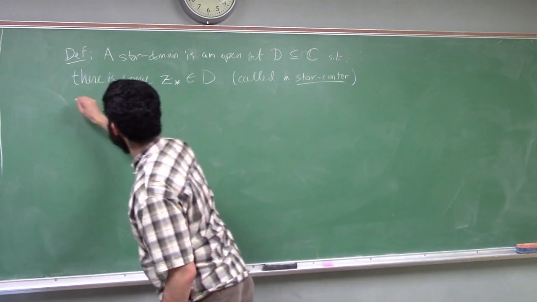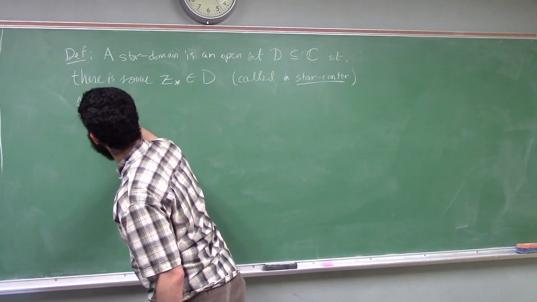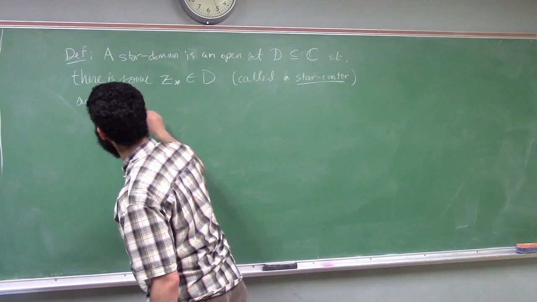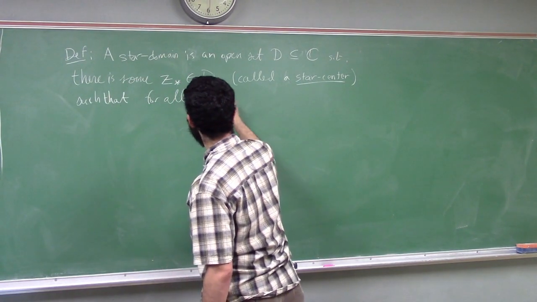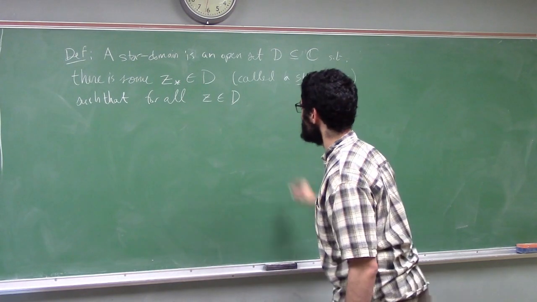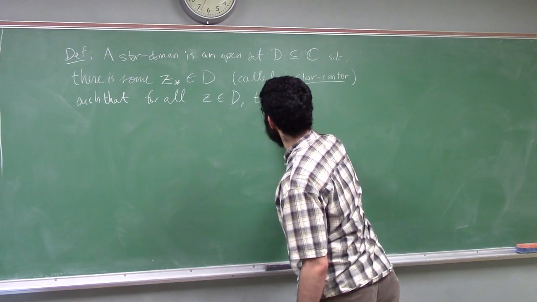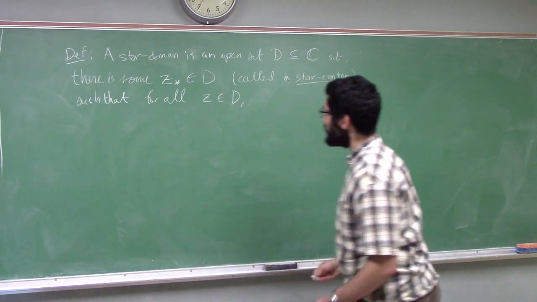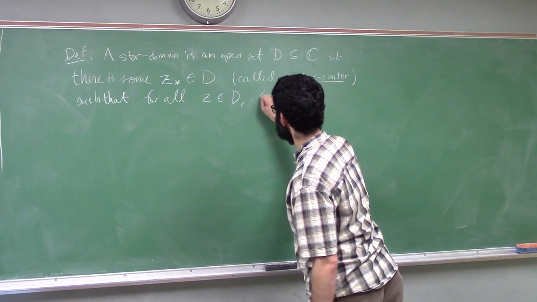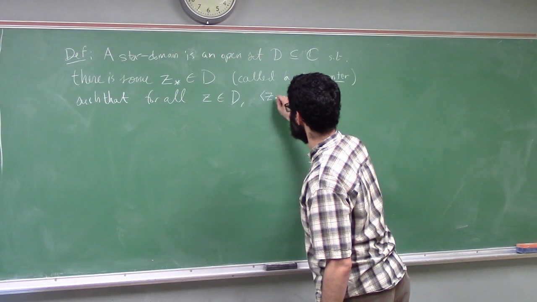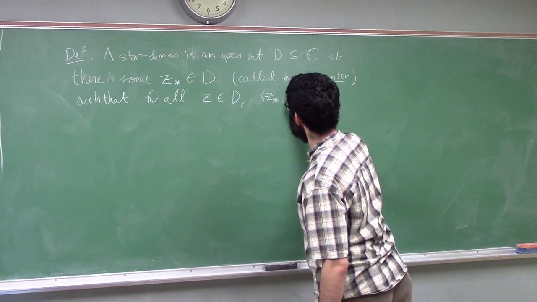Such that for all points z in D, the line segment joining z star and z is fully inside of D. So I have this notation for the line segment joining z star and z.